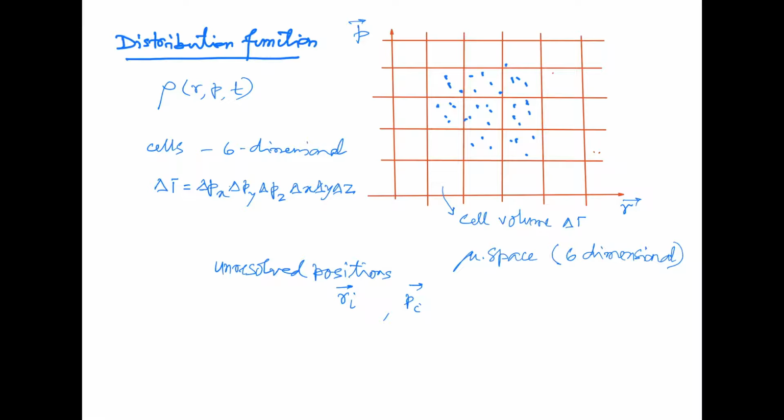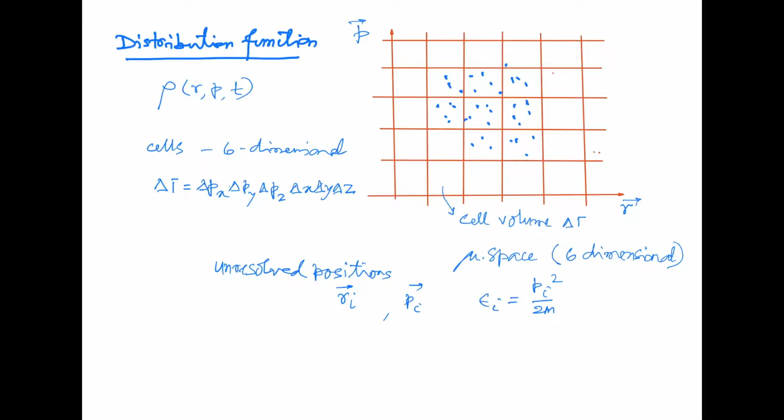So for the ith cell, all the particles present will have the coordinates Ri and momenta pi, and they will also have a common unresolved energy, epsilon i, given by pi squared by 2m.